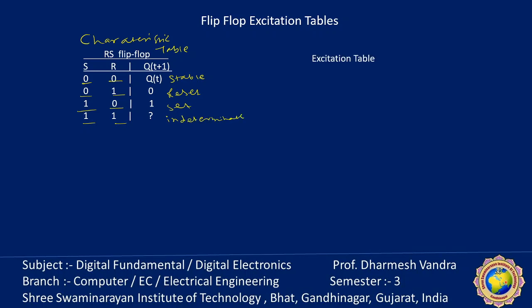Now let's make an excitation table. We have knowledge about the Qt and Qt+1. According to it, we have to identify the S and R values. If my Qt is equal to 0 and Qt+1 equal to 0, how is it possible? There are two things. One is stable, and second is reset. So in these two conditions, S must be 0 and R is either 0 or 1.